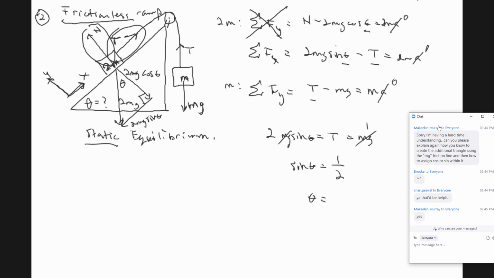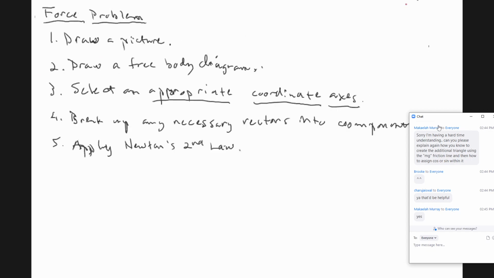Good. Then the third step that we did, the fourth step that we did in the force problem recipe, is we're breaking up vectors into components along that new x and y.